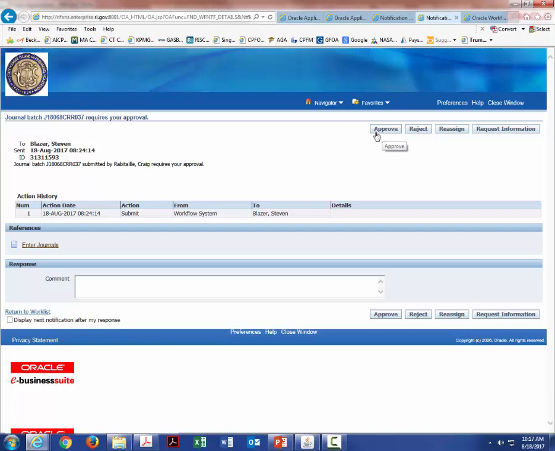This will either send the journal entry to the next person in the journal approval hierarchy, or, if you happen to be the final approver for the journal, it will send it to the queue for posting.